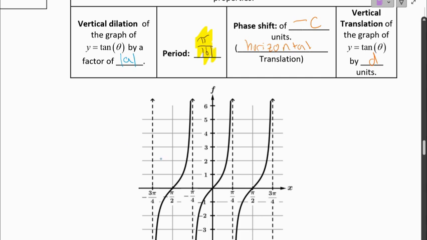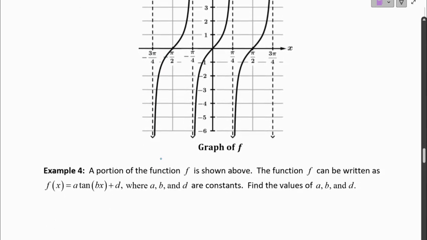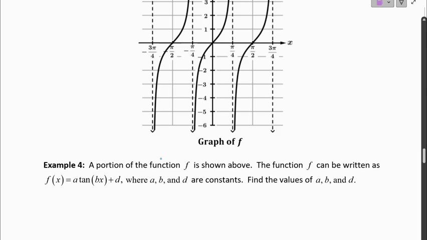In example 4, a portion of the graph is shown above. The function f can be written as a tangent of bx plus d. So you'll notice no phase shift, which is good because it does start at (0, 0). Find the values of a, b, and d.